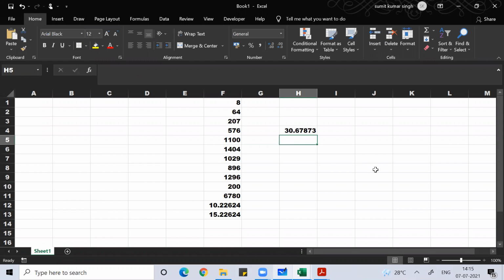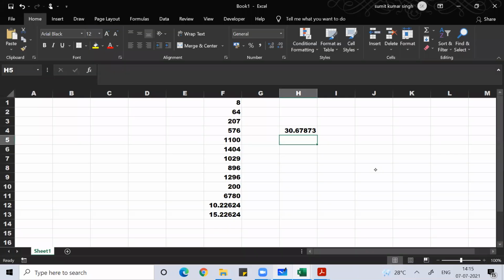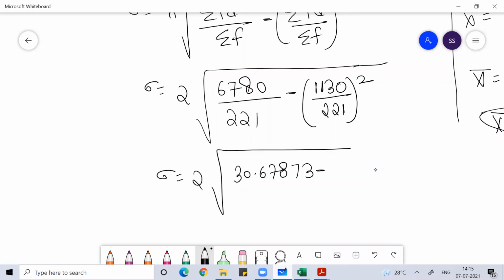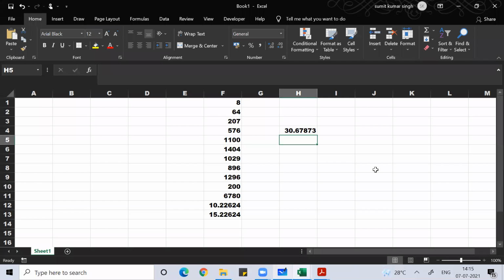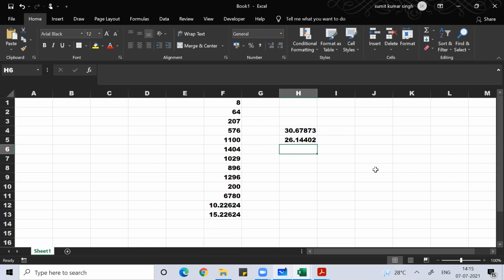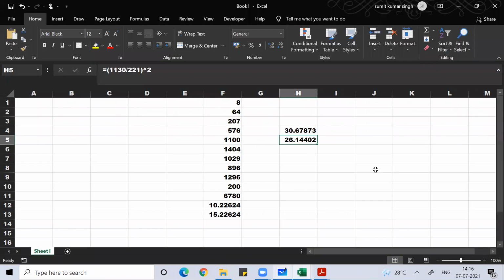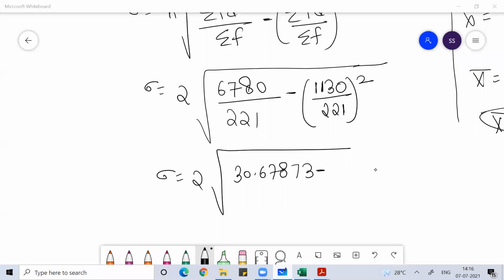That is 30.67873, minus 1130 divided by 221 whole square, which is 26.14402.